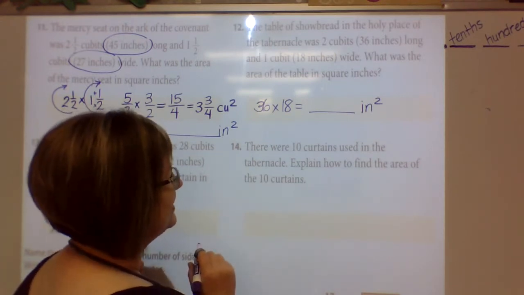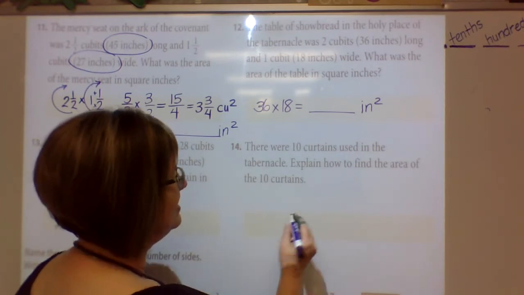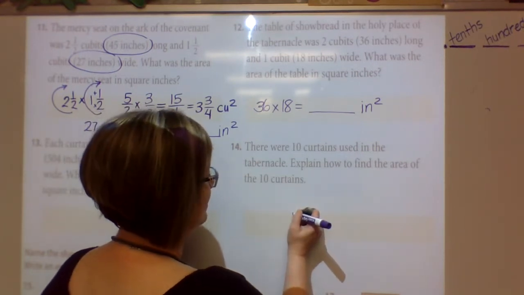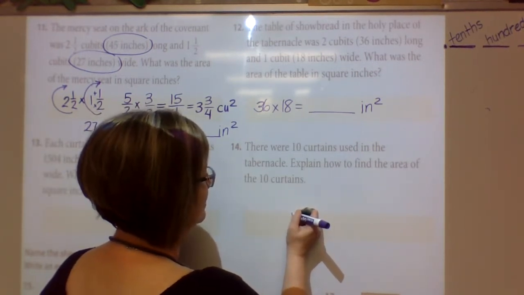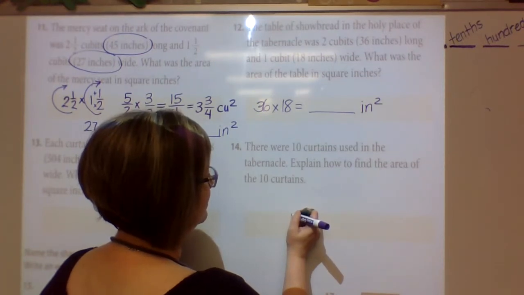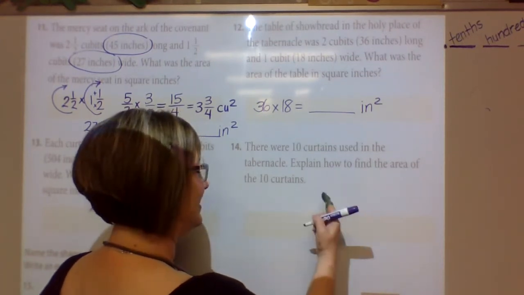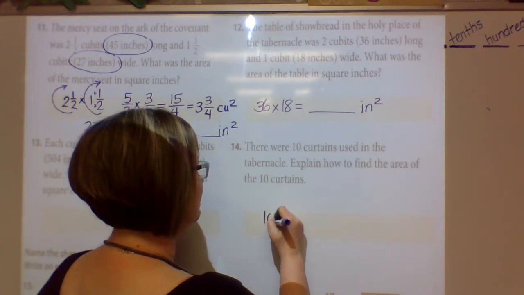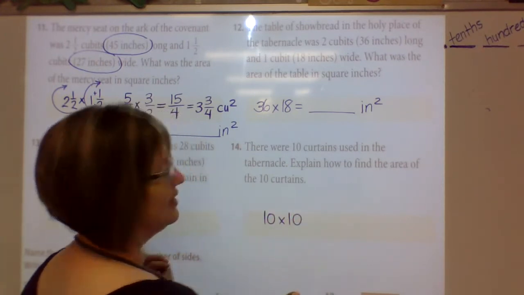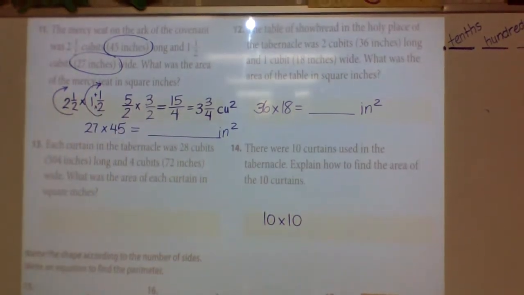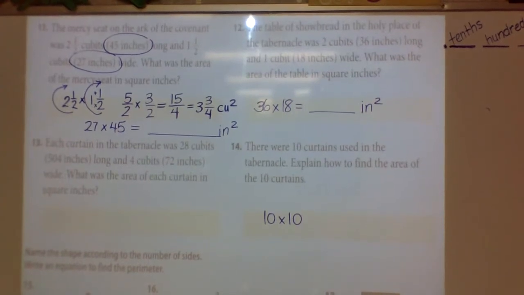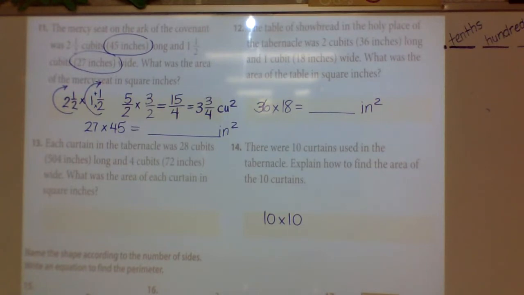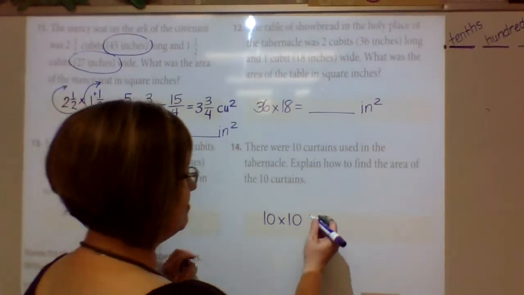The area of the 10 curtains would be 10 times 10, but we don't know. Let me look at my book here. There's 10 times 10 curtains, so it would end up with 100.